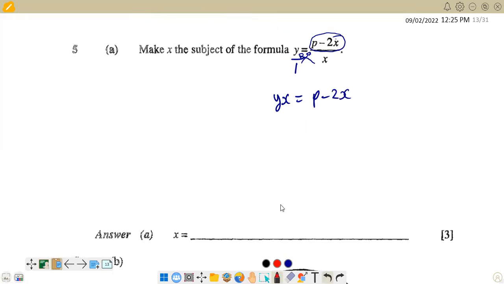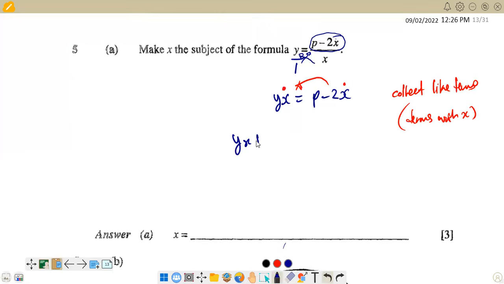We want to make x the subject, but as we can see, there is x here and also x here. So what do I do on this type of question? I have to collect like terms, that is, terms with x. So let us collect those terms with x together. Transpose this, it is going to be a positive on the other side.